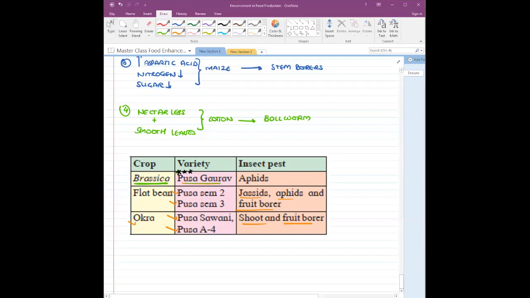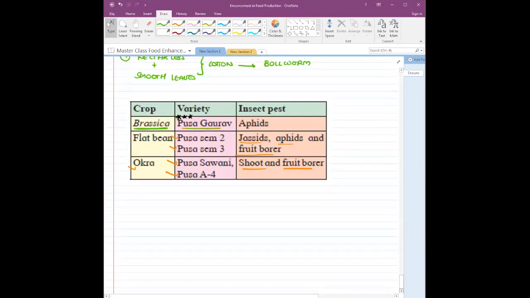Okay, so guys, we are going to talk about something that is called your biofortification. So let me first make you understand what is the difference between fortification, and then we'll talk about biofortification.